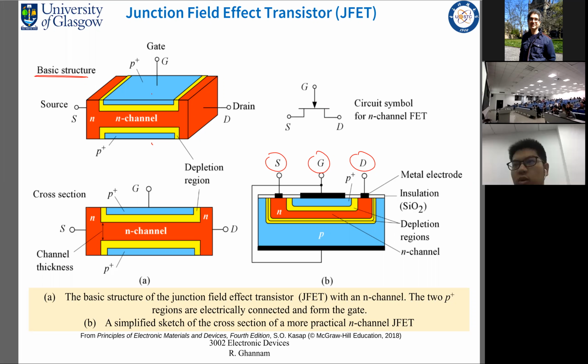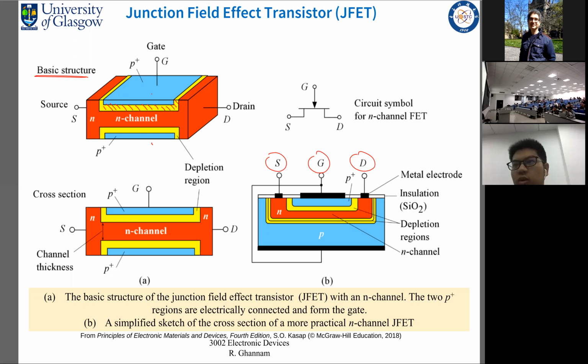In equilibrium, when there is no voltage applied between the gate and the source, we have a depletion region that is generated. This yellow area is a depletion region, as you know. Once we place an n-type material in contact with a p-type material, we get this depletion region. The depletion region prevents the further movement of majority carriers in the junction between the two types of materials.